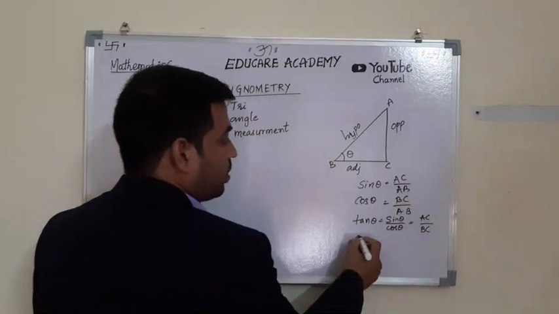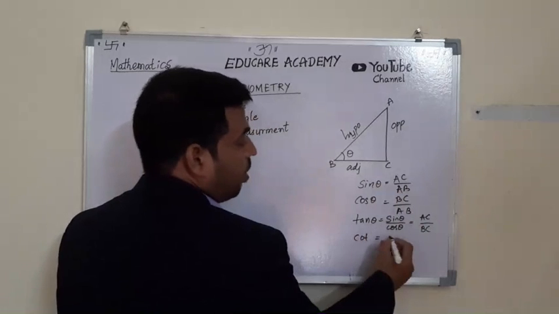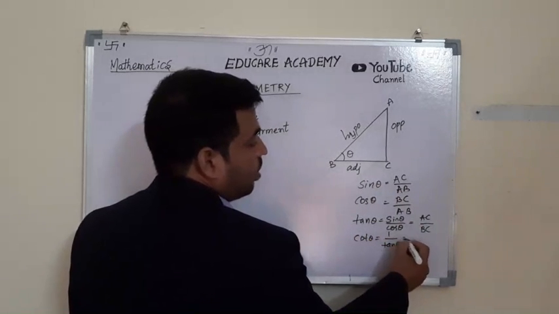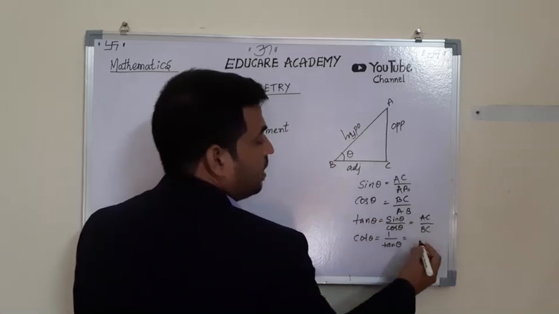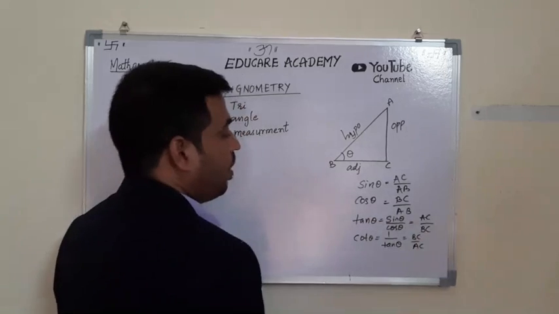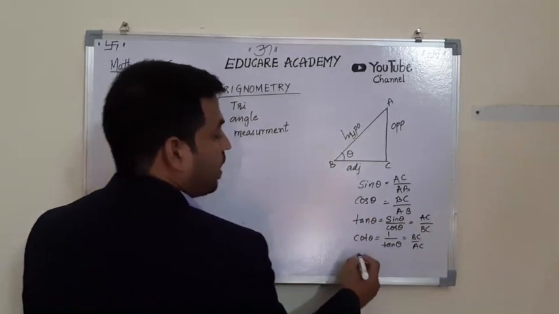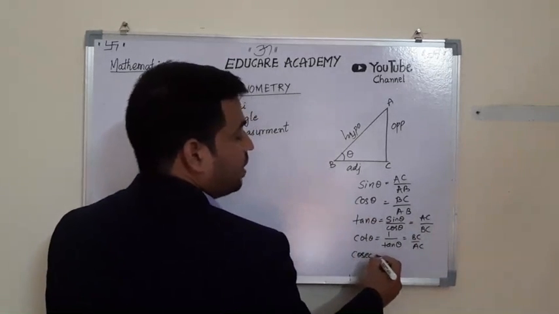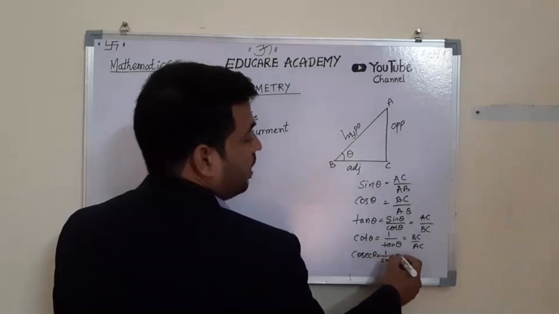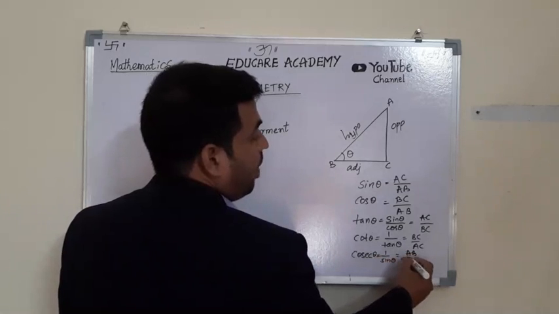Then next is cot, the opposite of tan. So 1 by tan theta is equal to cot theta. Tan is AC by BC, so cot is BC by AC, the reciprocal. Then the opposite of sine is cosec theta. So 1 by sine, we can take this as AB by AC.